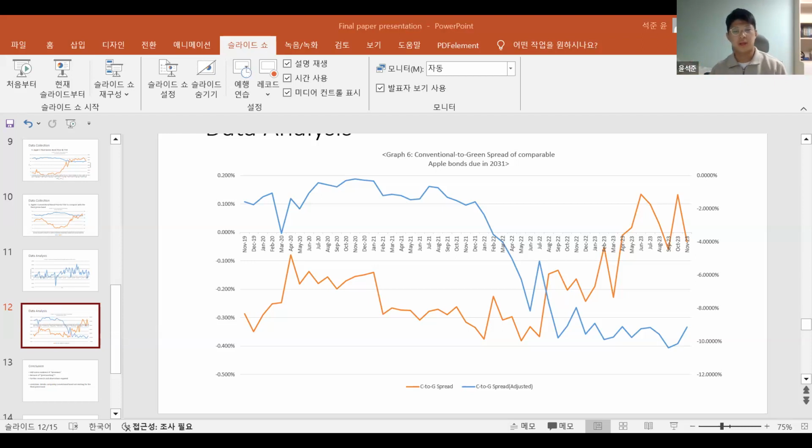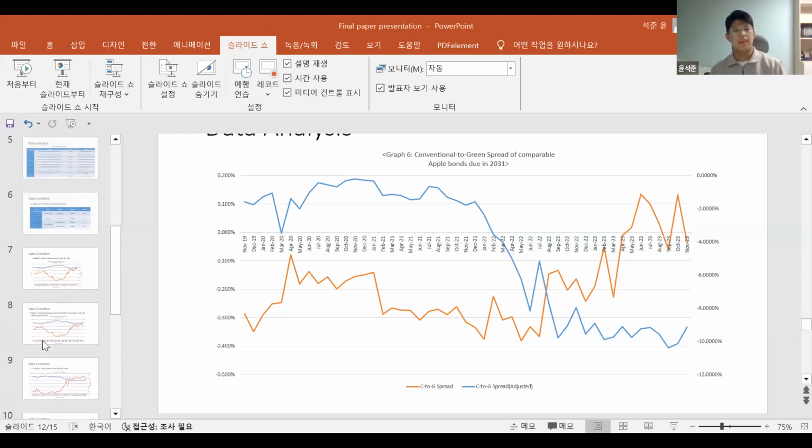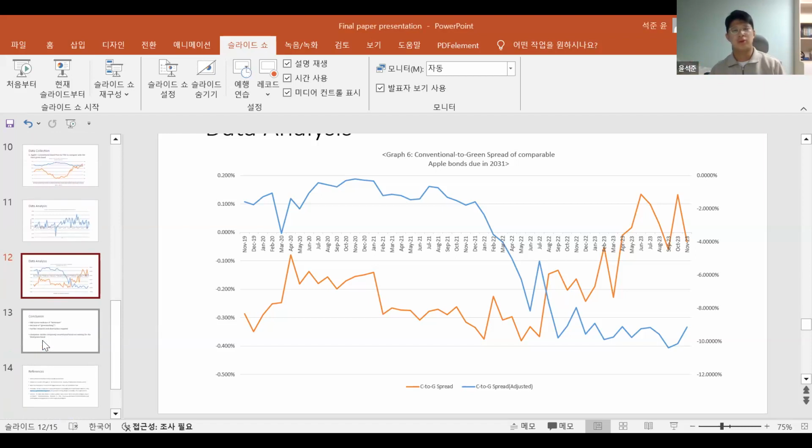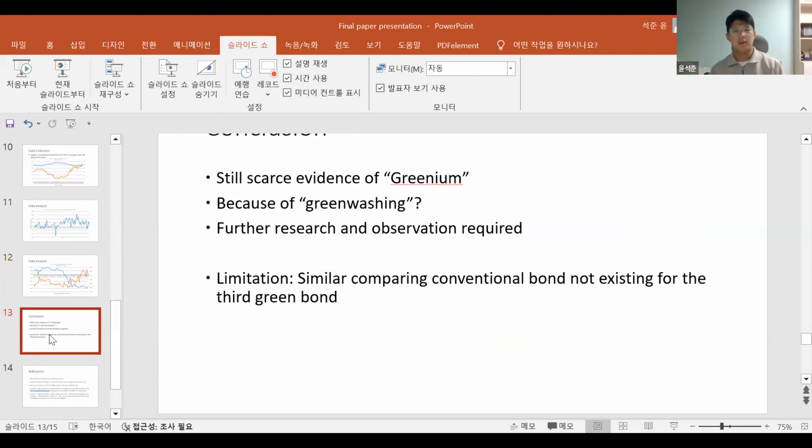So in conclusion, there was no strong evidence of a greenium today in the green bond market right now. And I think further research and observation is required, or this study method may not be precise or correct. So further improvement is required.